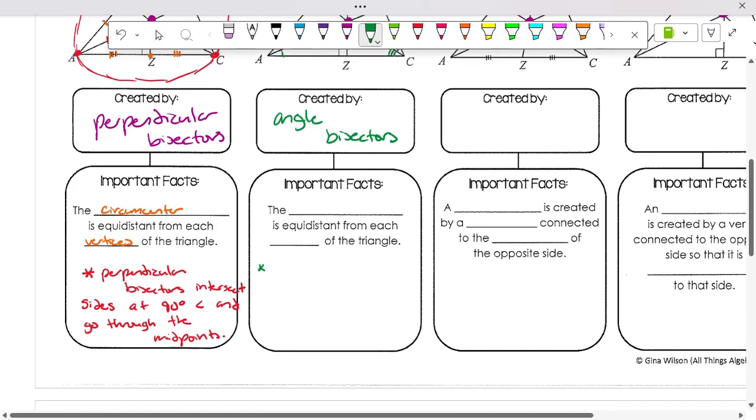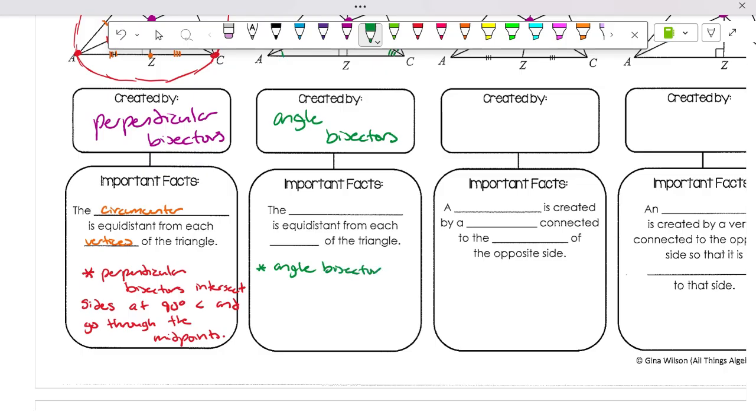So the angle bisectors cut the angles of the vertices in half.